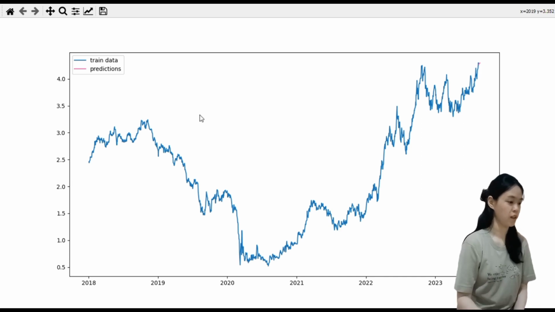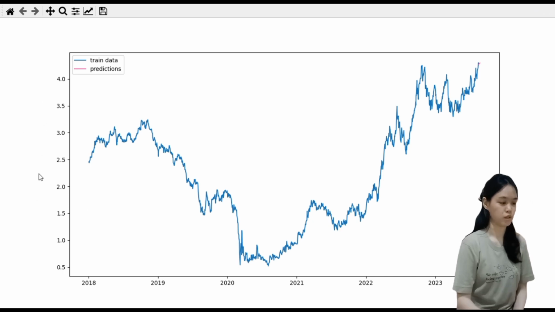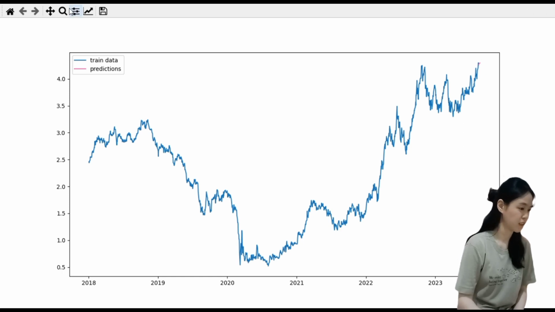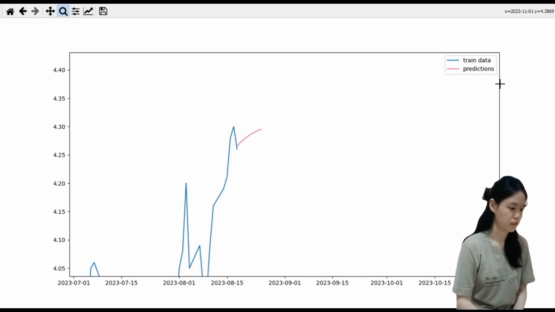Okay, so here's the data again. I forgot to label the y-axis here, but you know, it's the percentage. And if you see, the predictions are denoted in the pink line, it's around here. It's very little because it's only 8 days compared to 1500 days.